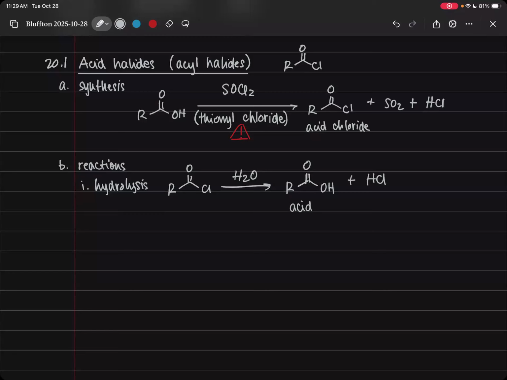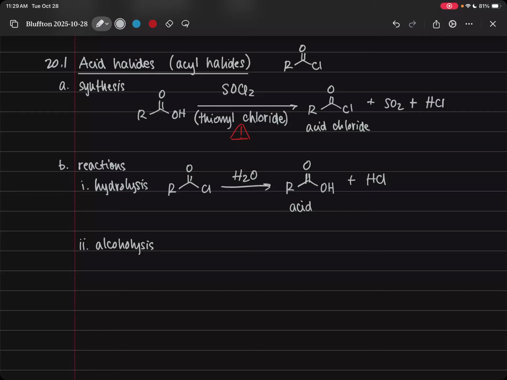Okay. So this is a problem because we're using water as a reagent, which a lot of times if there's water in there, that's going to happen. So we get an OH on our molecule from the water, but we can take the same kind of reaction and make it useful. Instead of doing hydrolysis, we do alcoholysis.